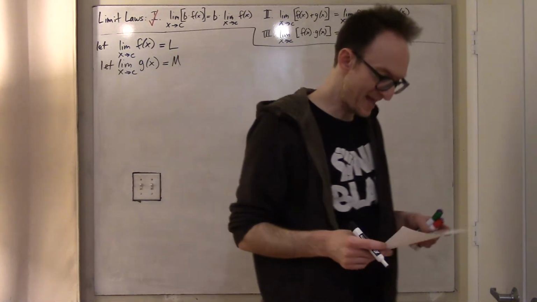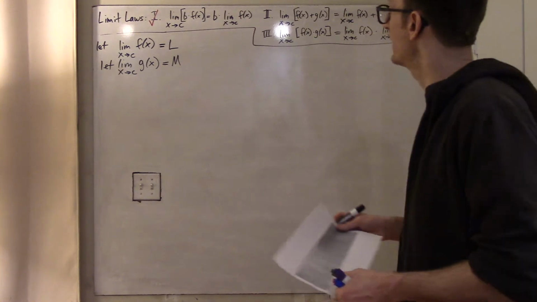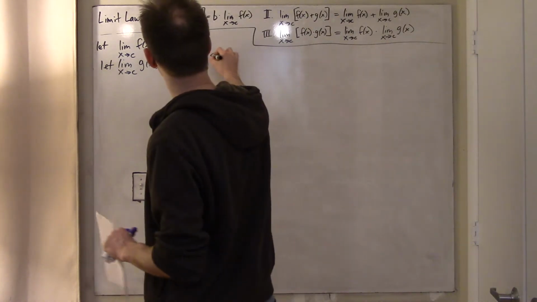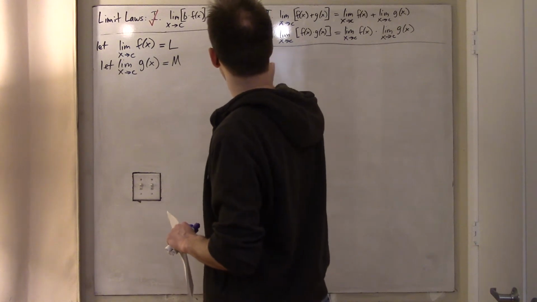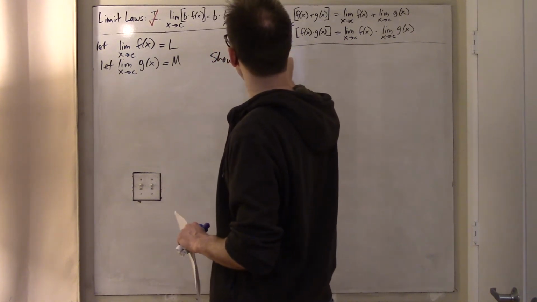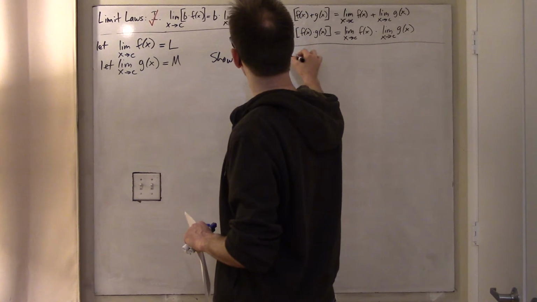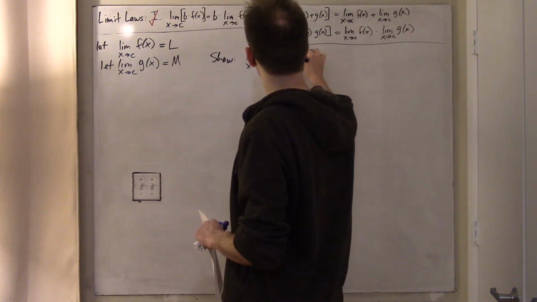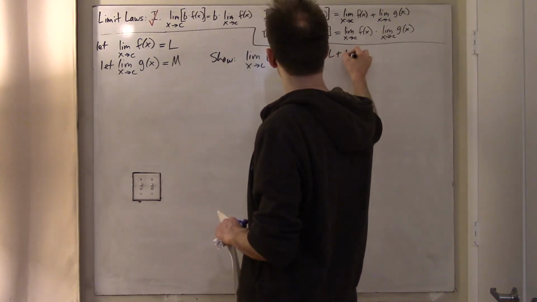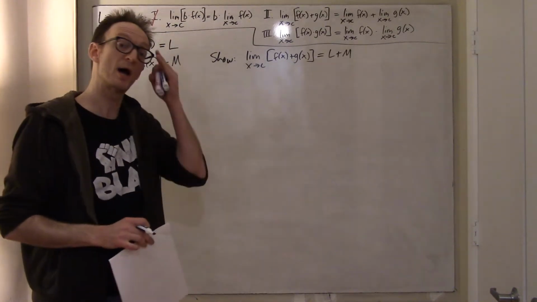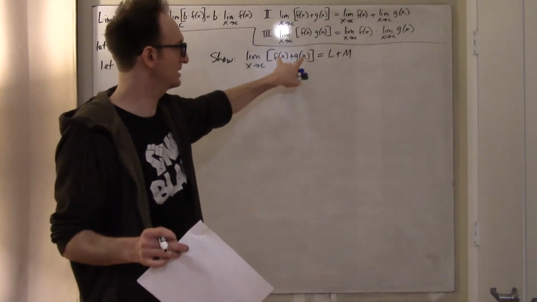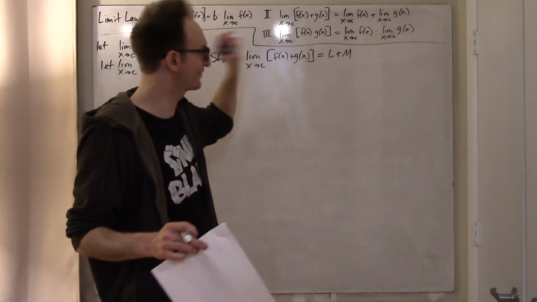What do I therefore need to show? I need to show that the limit as x approaches c of the f plus g function is L plus m. What is the f plus g function? It's just a function whose output for any input is the sum of the outputs of f and g.